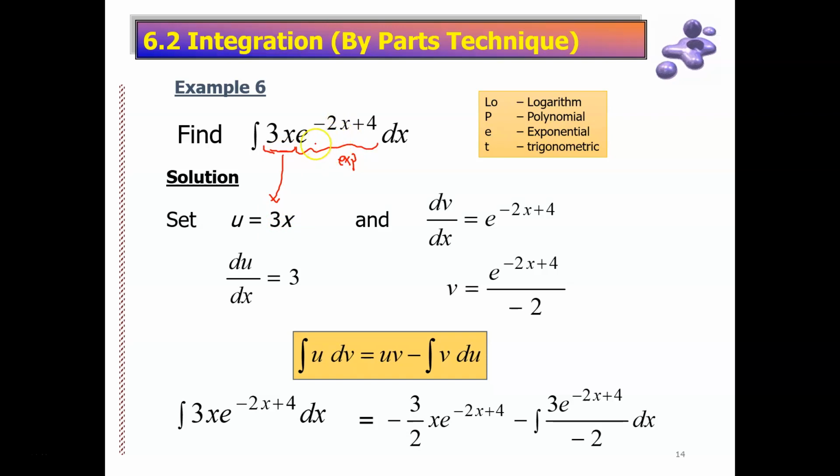And the remaining part will be your dv over dx. Why dv over dx? Because we have this formula to fulfill: integration of u dv. So this becomes u, the rest will become dv. So the remaining part, e to the power of negative 2x plus 4 dx, will become dv.